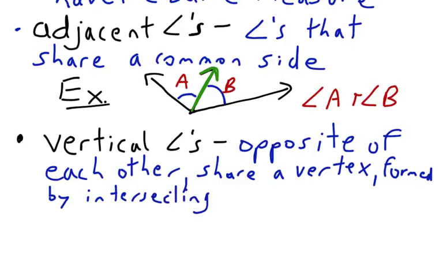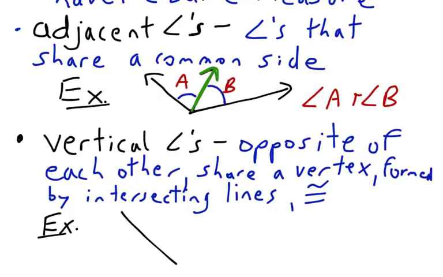Now the cool thing about vertical angles is they are congruent. And I'm going to use that congruent symbol. They are congruent. And the reason that's so cool is you can just glance at them and know that they're equal to each other.